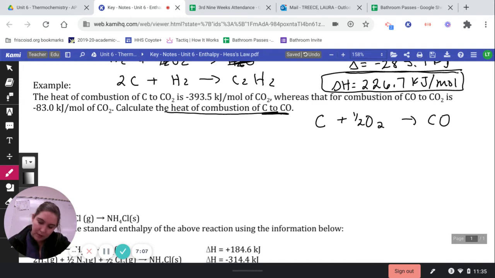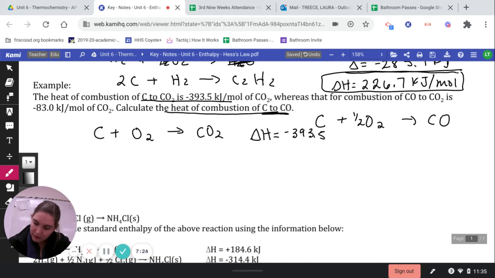So we have the heat of combustion from carbon to carbon dioxide. Let's write that one out. Carbon plus oxygen yields CO2, and the delta H value there is negative 393.5 kilojoules per mole. And then we have combustion from carbon monoxide to carbon dioxide, which is negative 83.0 kilojoules per mole.